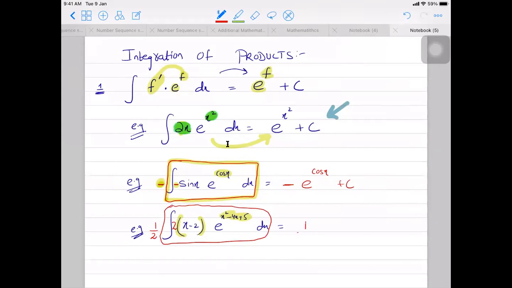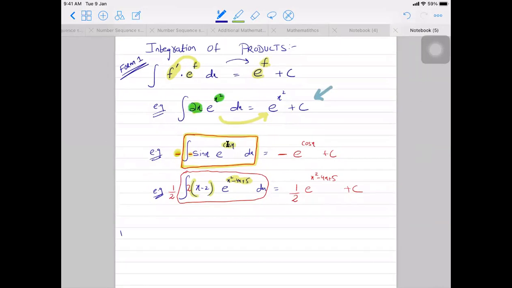So the integration of such a function is going to be 1 upon 2 times e to the power of x square minus 4x plus 5. That's it. So that was form 1, form 1 of the product.